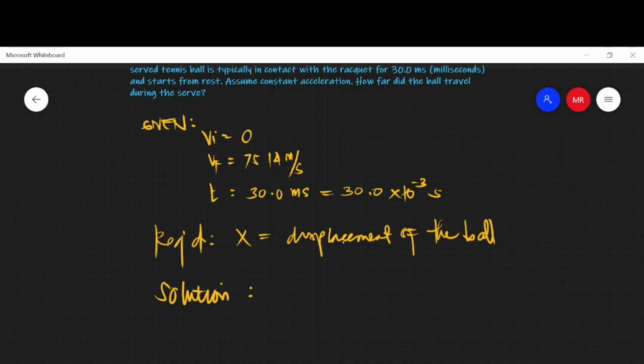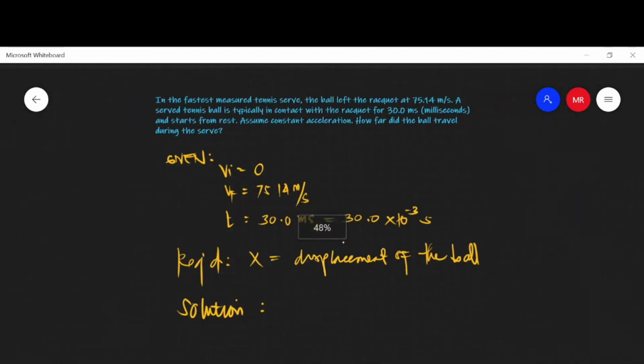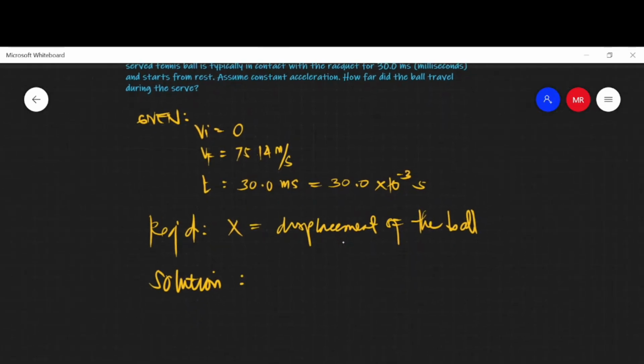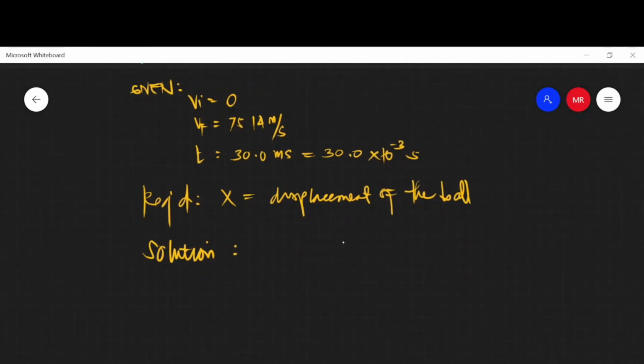For our solution, we need to analyze what equation from the kinematic equations we need to use for this problem. For us to get x, we can use the equation x is equal to v initial t plus 1/2 a t squared.